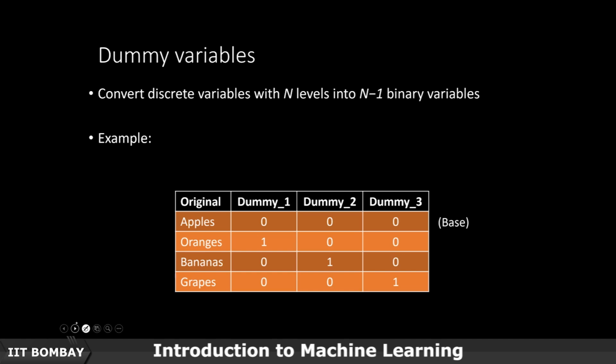Another place where it is essential to have new variables is when one of the actual features that we measure is a discrete variable. For example, let's say we have a variable which is fruit. We want to predict whether the person is healthy or not, and we analyze what kind of fruits they eat on a daily basis, or which fruit they eat most often, and it is one of these four: apple, oranges, bananas or grapes.